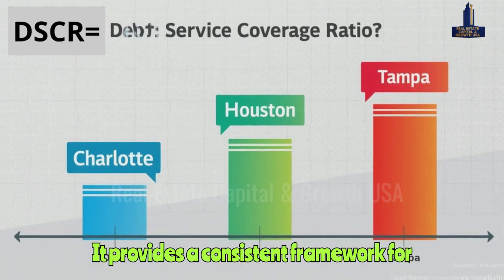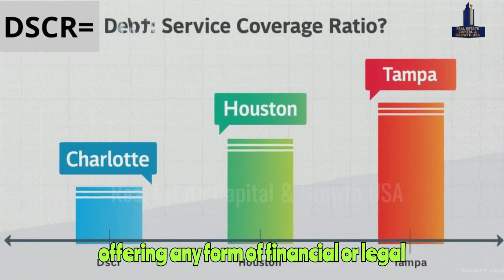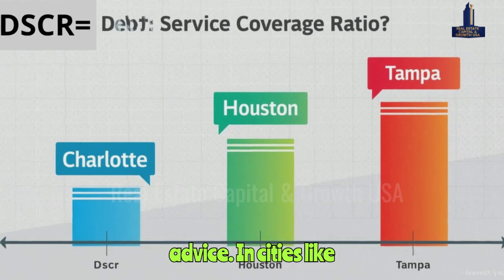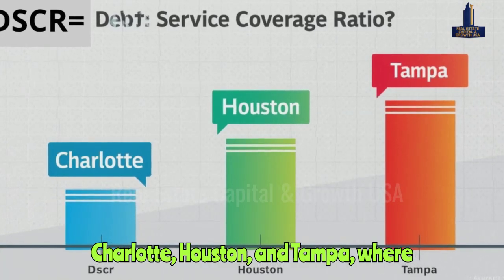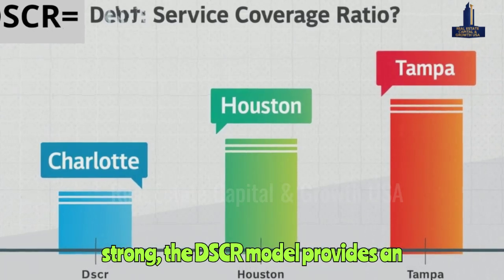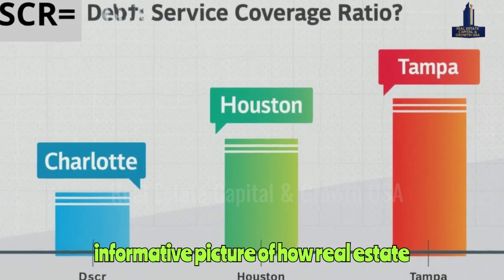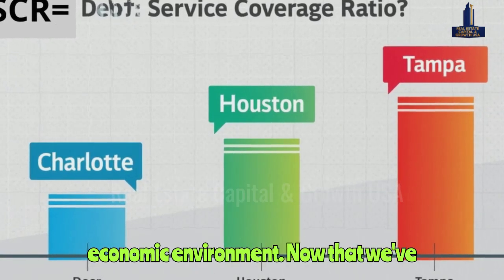It provides a consistent framework for describing property viability without offering any form of financial or legal advice. In cities like Charlotte, Houston, and Tampa, where demand for rental properties remains strong, the DSCR model provides an informative picture of how real estate financing is adapting to a changing economic environment.